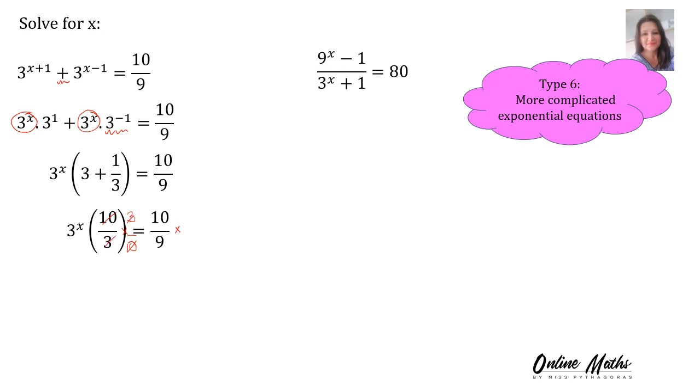And what I do on the left, I do on the right. And then the 10s will cancel each other out. 3 goes into itself once, and 3 goes into 9 3 times. So I'm left on the left-hand side with 3 to the x, and on the right-hand side, a third. And then a third I will write as 3 to the negative 1, and then bases are the same. Therefore, I can equate exponents, and the answer x is equal to negative 1.